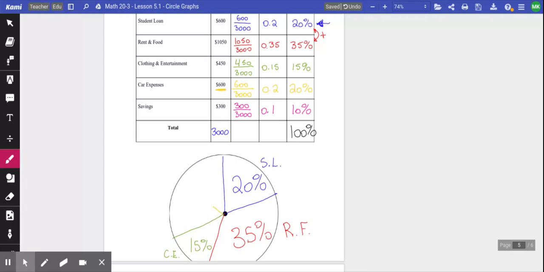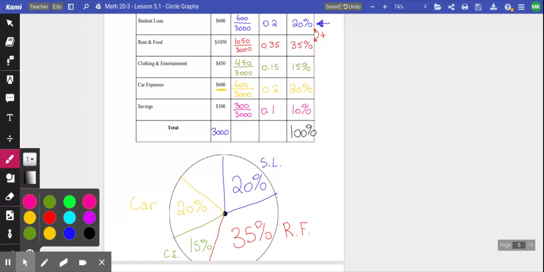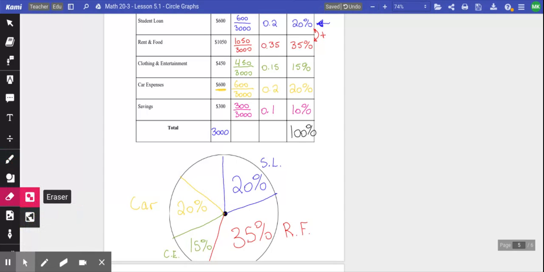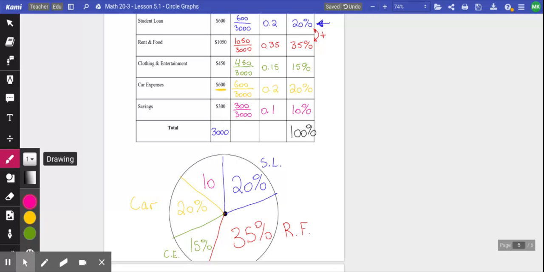So I'm going to go about there and say that's 20% for my car expenses. And my last one is my savings, which is 10%, should be the smallest sliver, which is right there. If I looked at that, I feel like I made maybe my 15% a little bit too big.